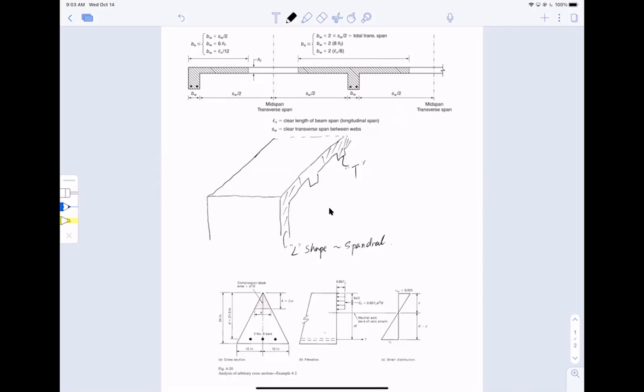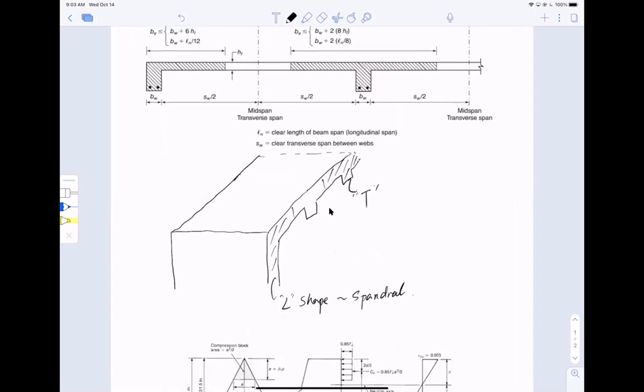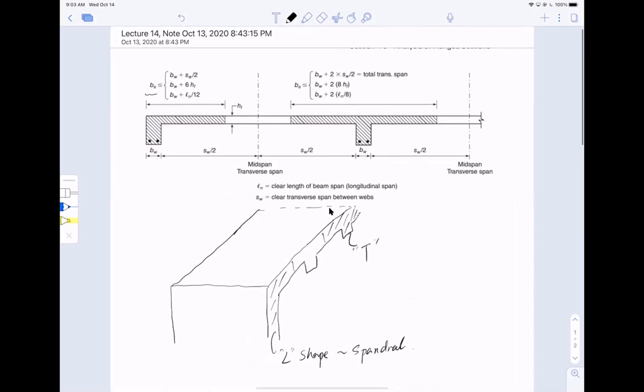Because in reality, when we talk about section design, we normally ask you to do the design based on the effective width. That effective width is in the flange, but it turns out to be a function of the beam width, BW right here. On the left is the equation for the effective width BE for the L shape.